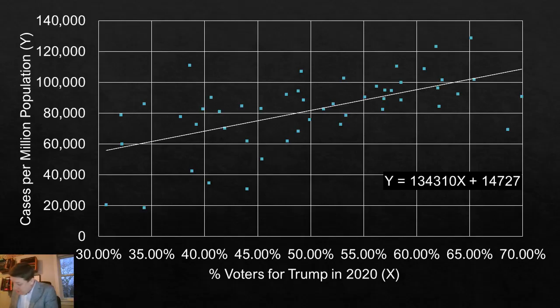The everyone-votes-for-Trump state would have a value of 149,037 cases per million.